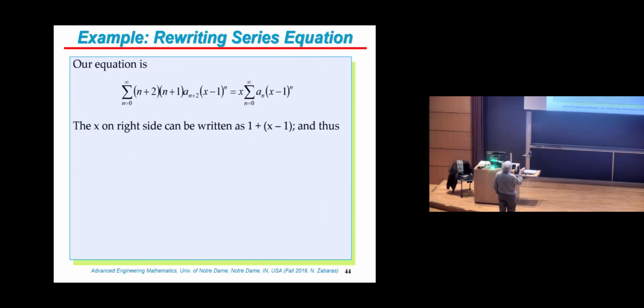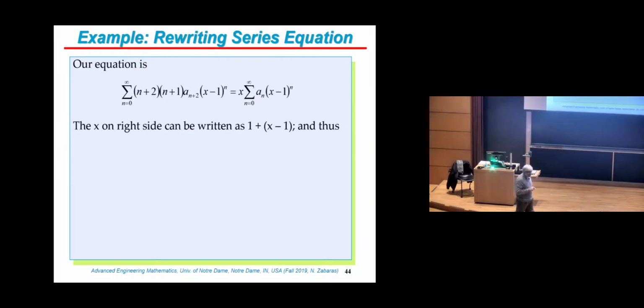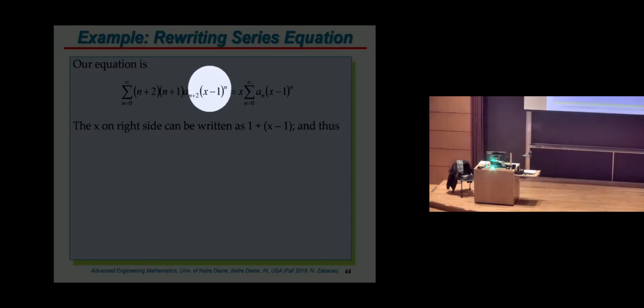A little trick first, which you may have to use in your homework as well. We work on an expansion around x equal to 1, and I see a lonely x there. So you need to transform that x to x minus 1 plus 1, because in the expansion all the powers are of x minus 1 to some power n.